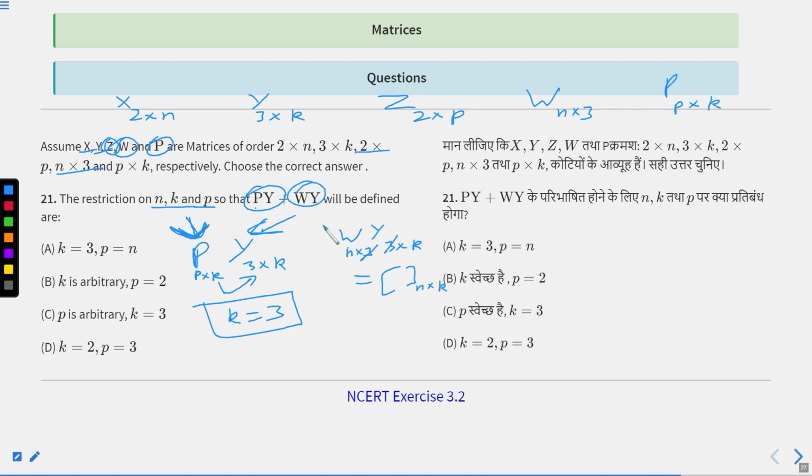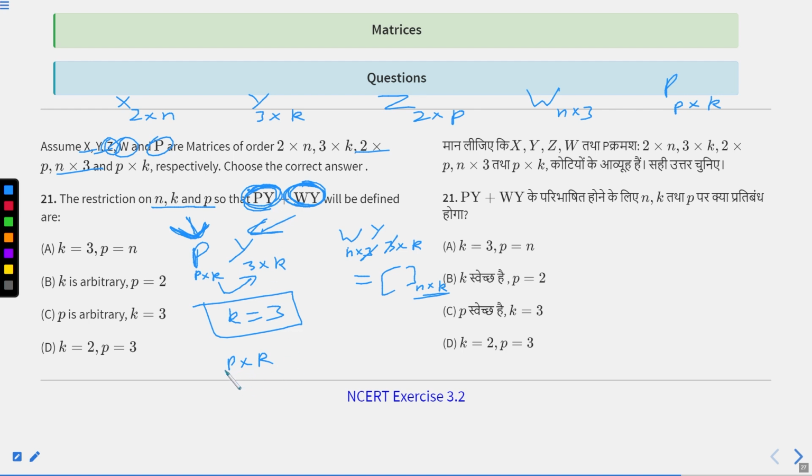We know that when we do the sum of two matrices, we can do it only when we have the same order. This whole matrix has order n cross k and this whole matrix has order p cross k. We can define their sum only if their orders are the same.